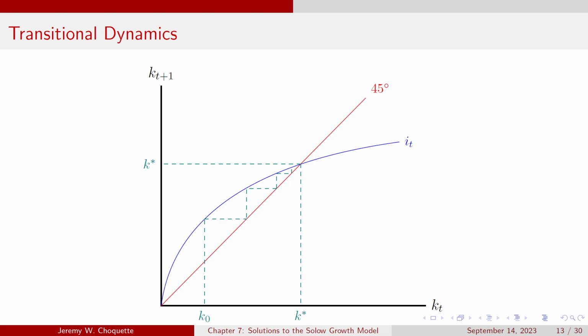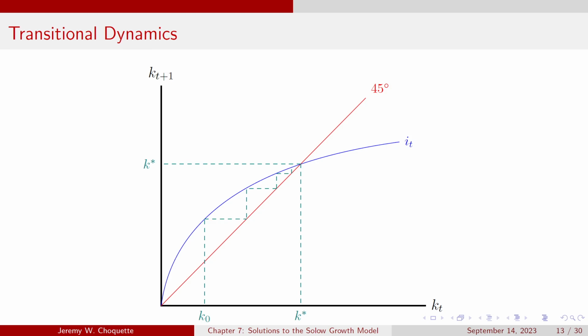And I will continue to do that up until the point that steady state capital is achieved, where K star equals K_t equals K_{t+1}, right? So at any point along that red 45-degree line, steady state capital is achieved. So wherever the investment curve crosses that 45-degree line, we get steady state capital.